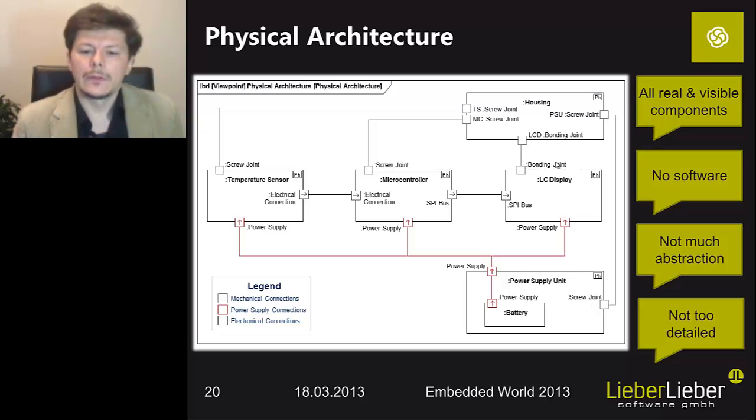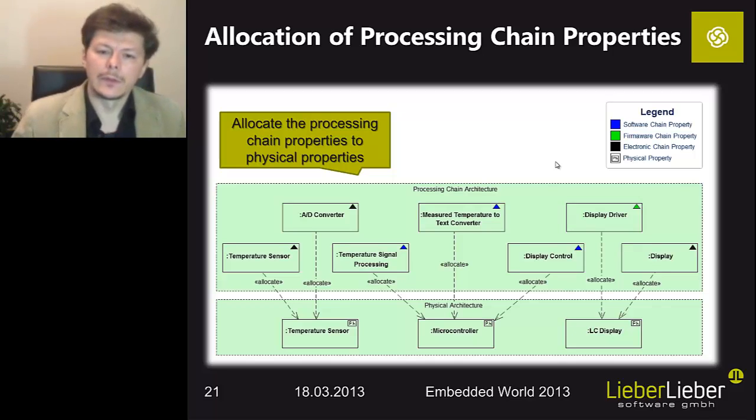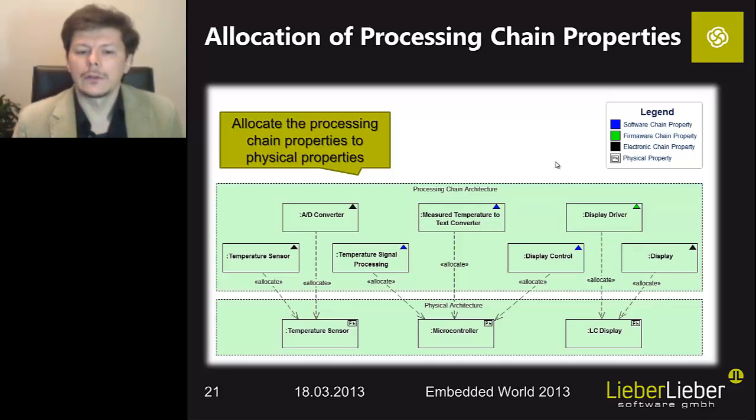And here you can also handle the mechanical aspects if it's necessary. Yeah, that's it. And at the end of the day, again, you have to build traceability between the processing chain architecture and the physical architecture, again using the allocate relationship.